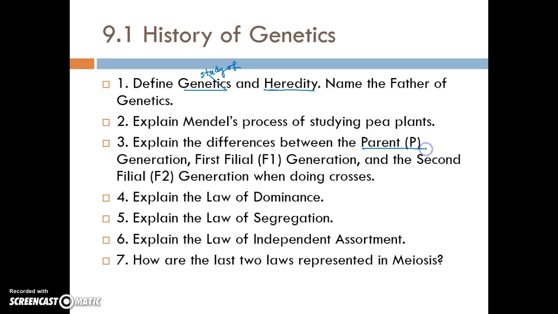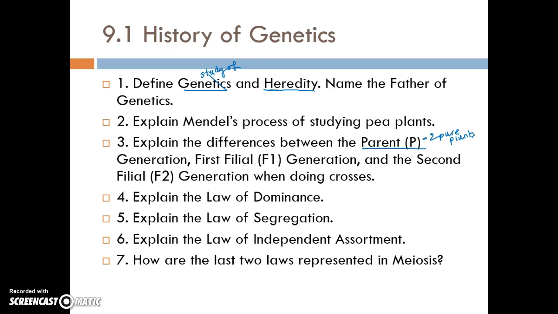The parent generation was that first generation that he had, which for him were 2 pure plants for the trait that he was studying. Then he took that parent generation and he cross-pollinated them so that they would trade the pollen from plant to plant.